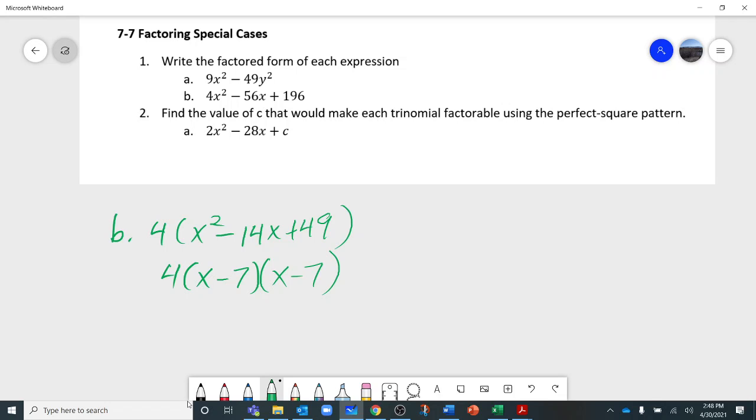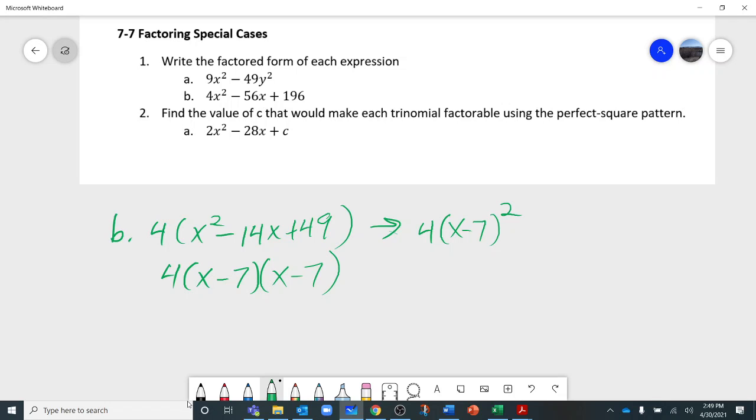I factored out the greatest common factor first, which was a 4, and then saw that my middle term was 2 times 7, and my final term was 7 squared. And so I could write this as 4 times x minus 7 squared. Again, this is a special case. You don't have to do it this way. If you're more comfortable doing it the other way, then go ahead.